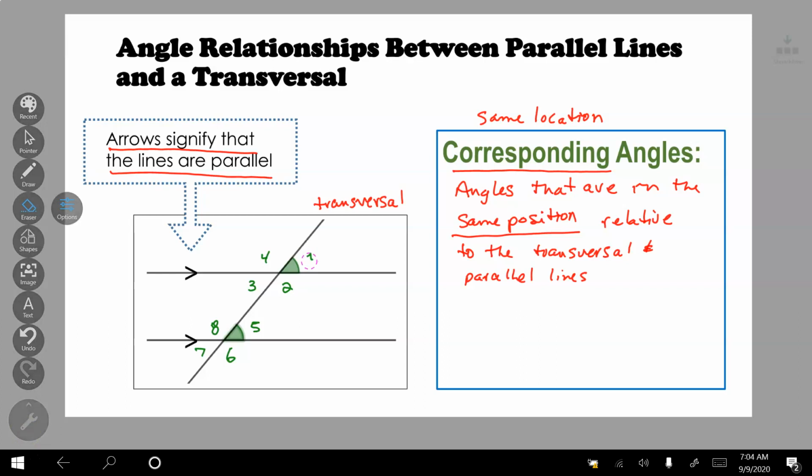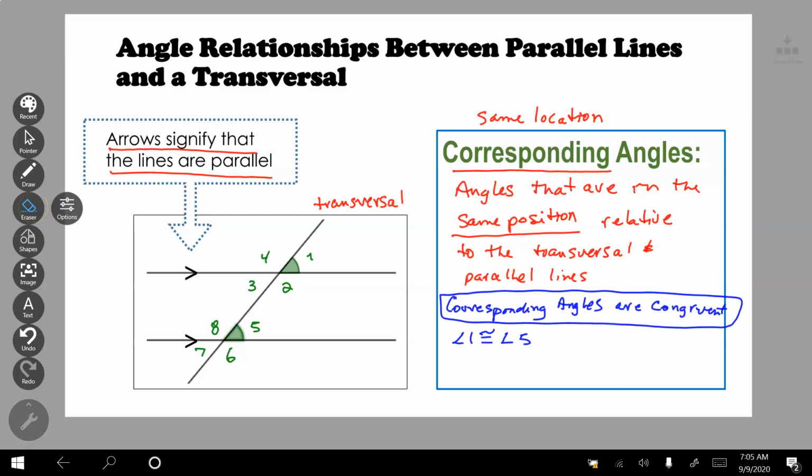So right here, angle 1, here's the vertex. Angle 1 is the top right angle, and angle 5 is the top right angle. Angle 1 and angle 5 are corresponding angles. Angle 3 is the bottom left. Angle 7 is the bottom left. They are corresponding angles. They're in the same location when you compare where the vertex crosses, kind of like this X.